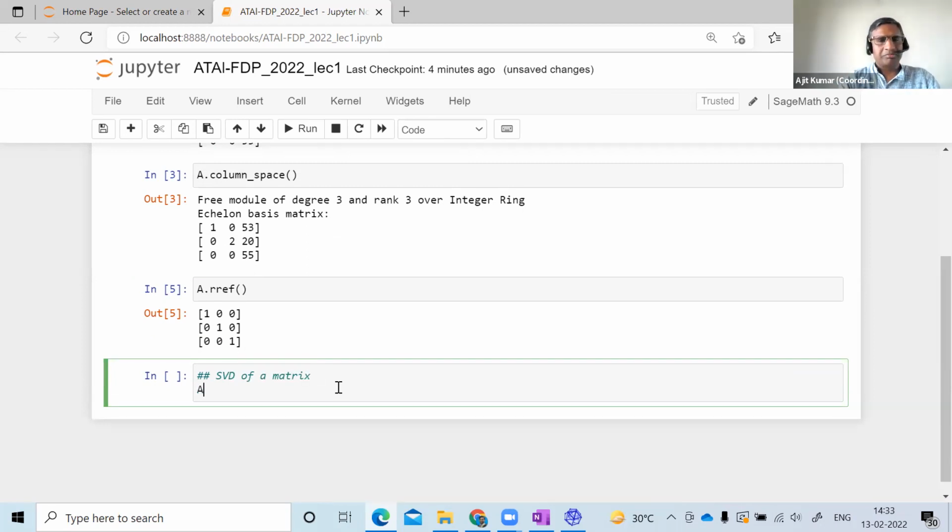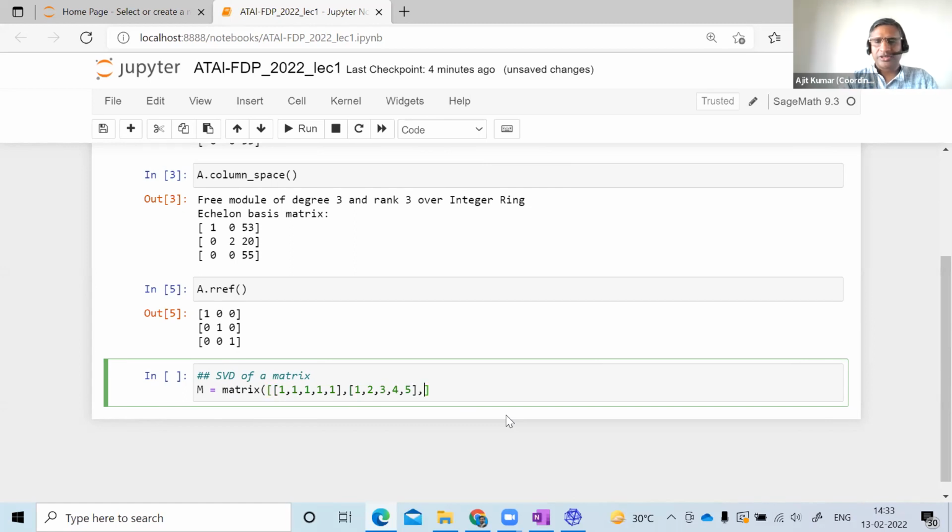Let us start with a matrix M whose first row is 1 1 1 1 1. Second row is 1 2 3 4 5.